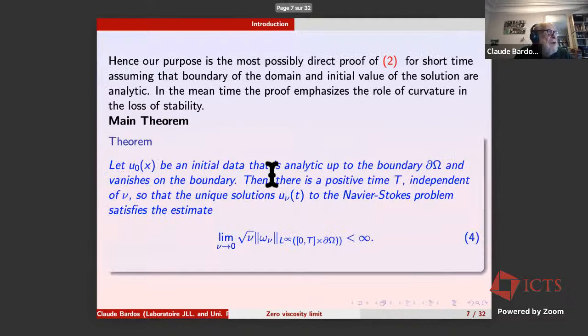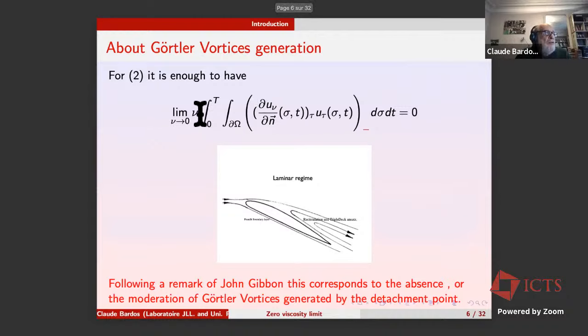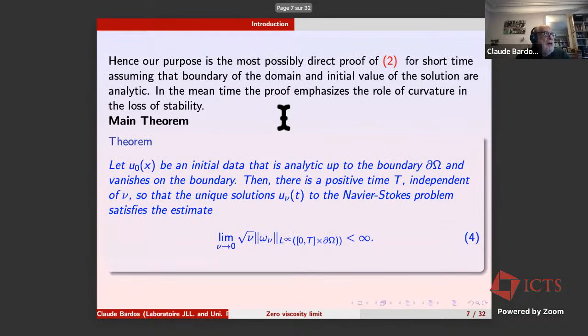Now, if I move along, I want to give a condition for which I can get a direct proof. I will do a direct proof of this relation with the minus nu times du nu over dn. Now, by science, by experiment, one knows that this may not be in general the case. This will be valid for short time, not for a long time, and under strong hypotheses.